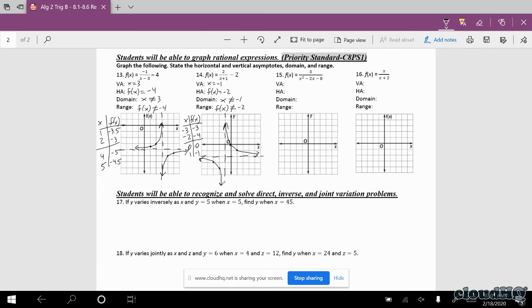Okay, now number 15, we get a more complex denominator. I'm going to factor that. X plus 2 and x minus 4. So we have two vertical asymptotes determined by our denominator. So x equals -2 and x equals +4.